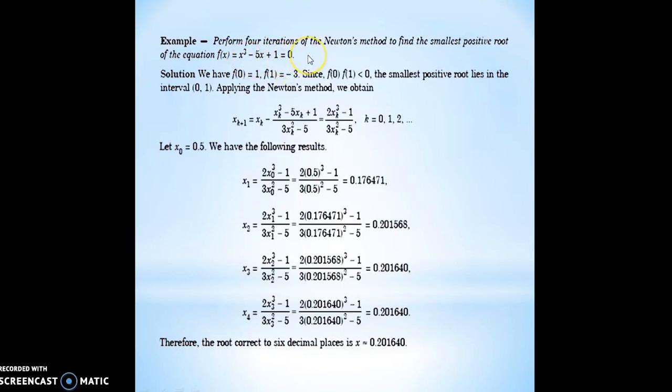You can see that there is no initial approximation given. Still we can find the initial approximation. We know that only one initial approximation is enough for the Newton-Raphson method.